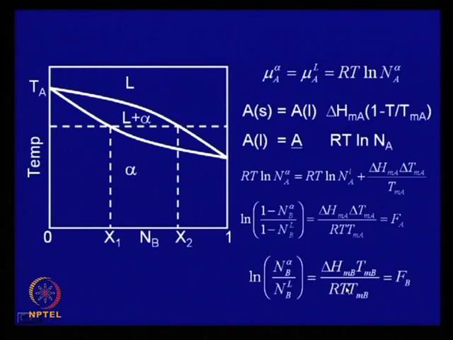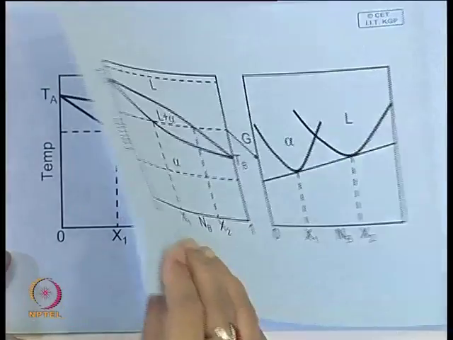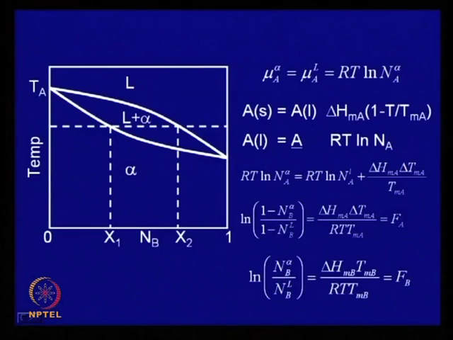Now, this concept is simple, but let us see that if we consider the alloy system to be ideal, then how can we estimate or calculate this phase diagram?